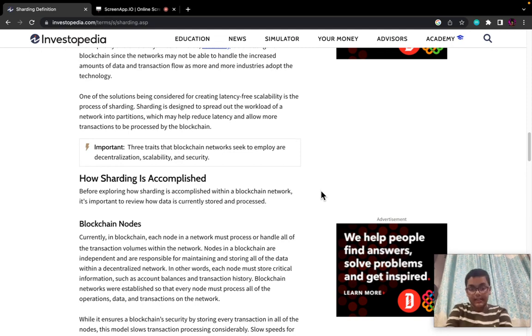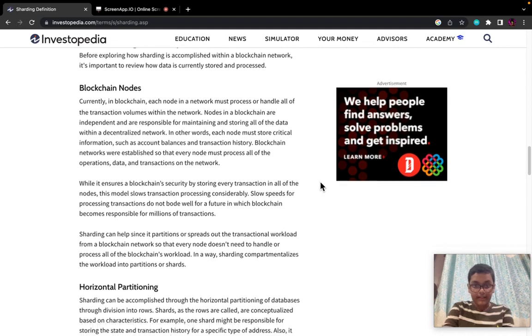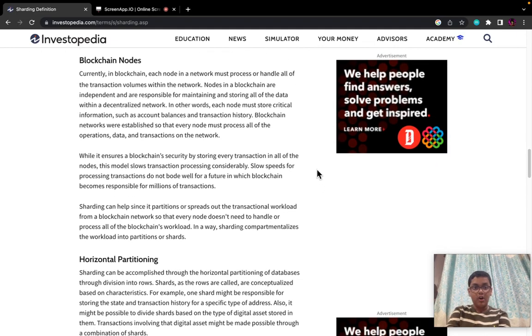How sharding is accomplished. Before exploring how sharding is accomplished within a blockchain network, it's important to review how data is currently stored and processed. Blockchain nodes. Currently in blockchain, each node in a network must process or handle all of the transaction volume within the network.